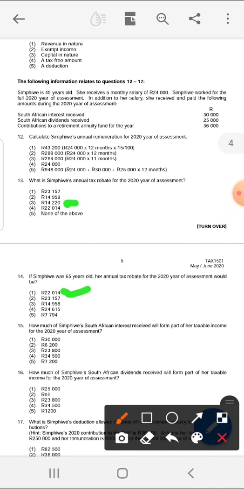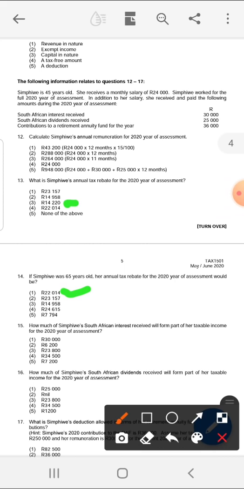And then, how much of Simpiwe's South African interest received will form part of taxable income? So guys, remember, for interest and dividends, there are certain exemptions that we'll need to take into account.